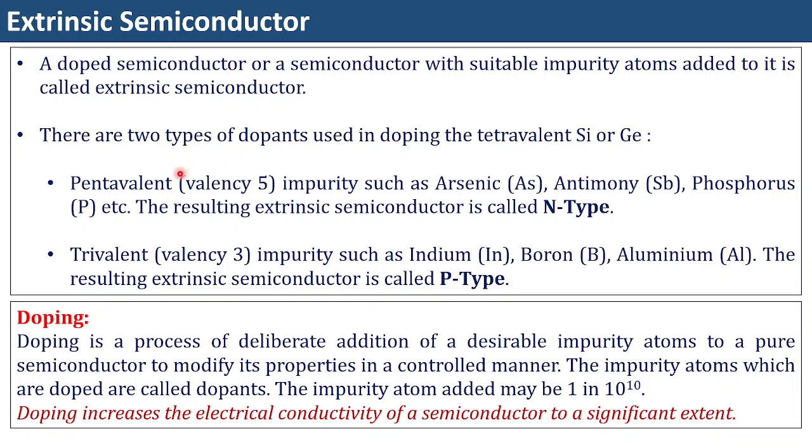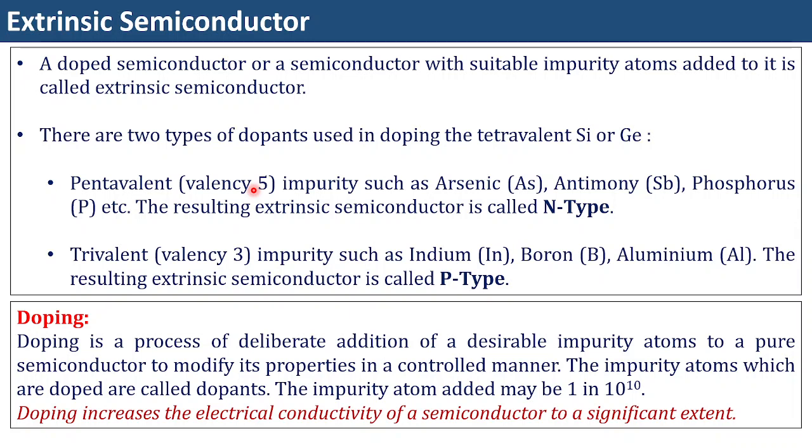See, pentavalent means the valency is equal to 5. Now we know intrinsic semiconductors such as germanium or silicon have valency 4. That means they have 4 electrons in their outermost orbital shells.